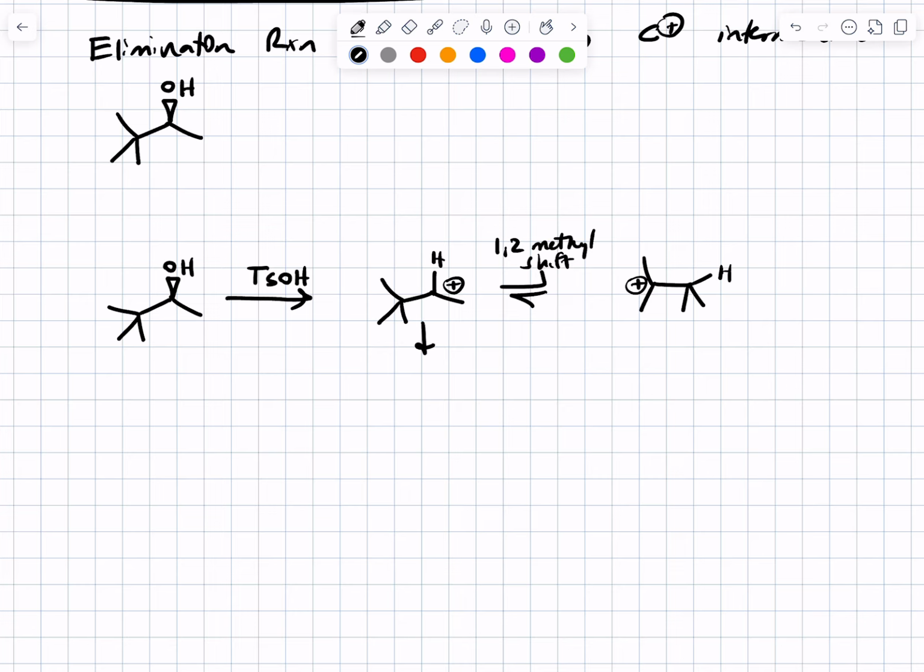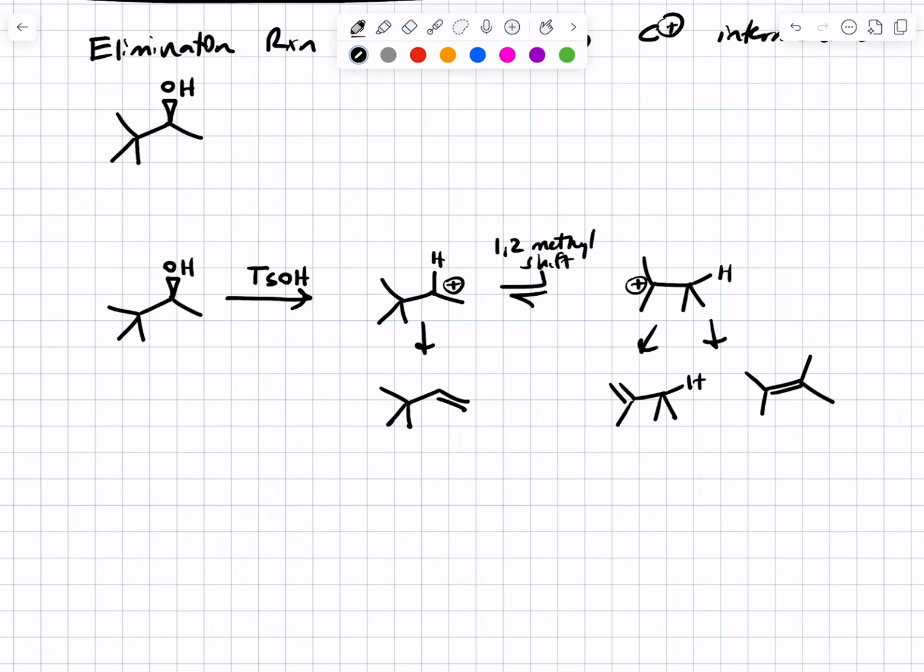And therefore, you would have expected elimination products not only from the non-rearranged carbocation, but also from the rearranged carbocation. And here are those elimination products. This isn't new, this is something you saw last time.